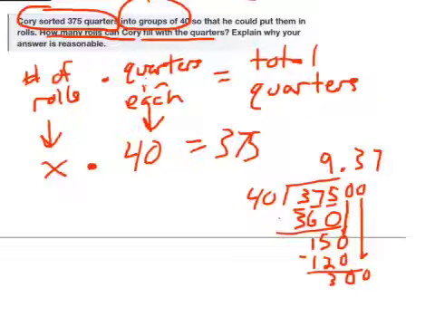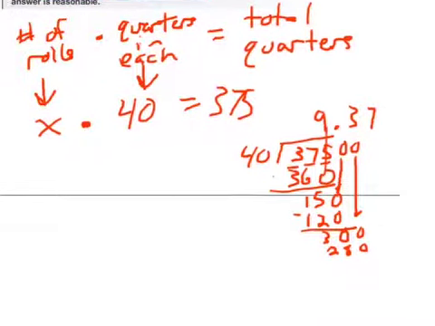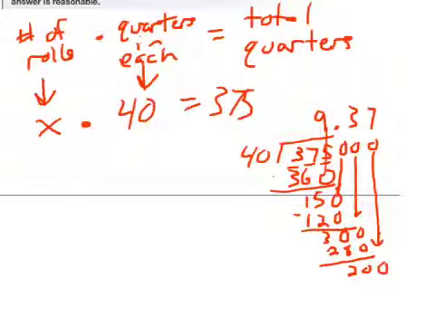And 7 times 40 is 280. I'm going to subtract and get 20. Bring down another 0. And 40 goes into 200 5 times. So here's my answer right here.